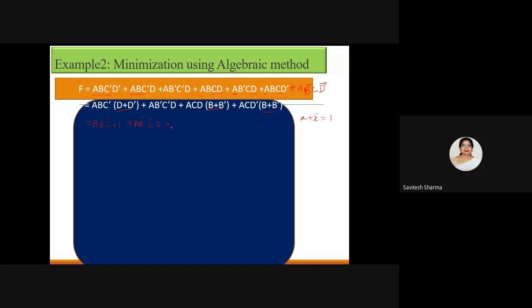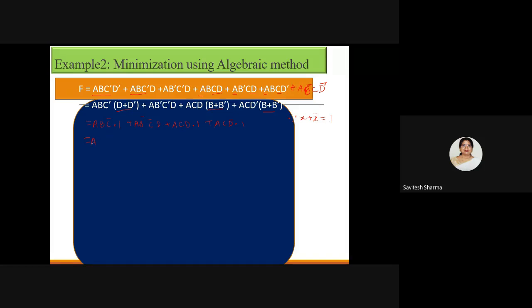You please show it. Don't write the direct step, because for each step you have to mention the theorem or property. So you should write like this, on the right hand side, since as per complement property x plus x complement is equal to 1. That's why you are writing this step.